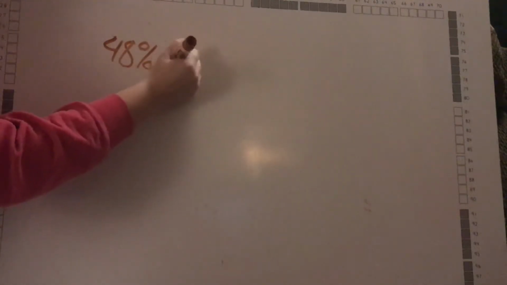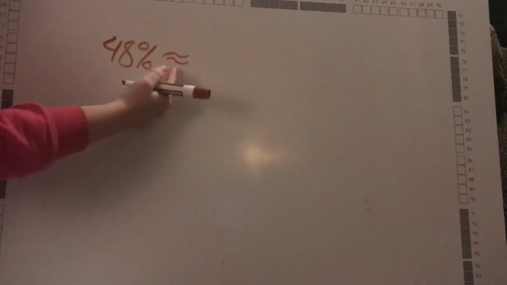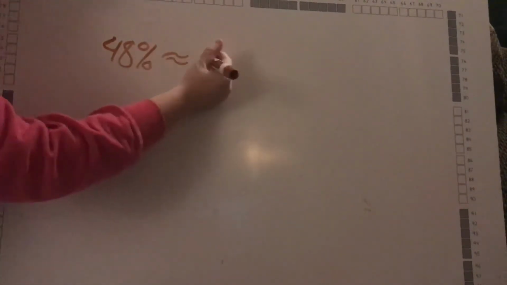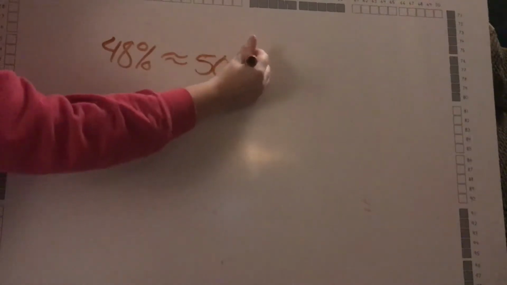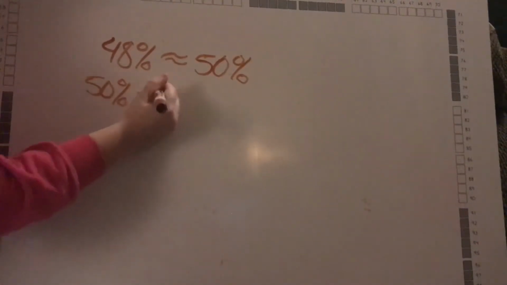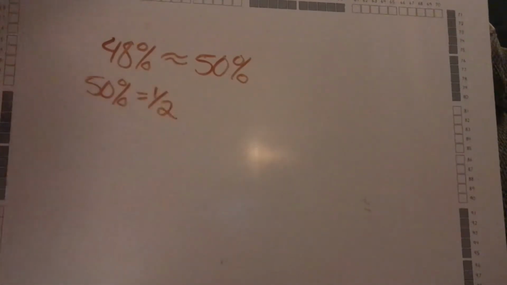Well, it's really close to 50%, and 50% is about 1/2. So 48% is about, remember this is the symbol we use when it's not equal, but it's close. Okay, and we know that 50% equals 1/2.